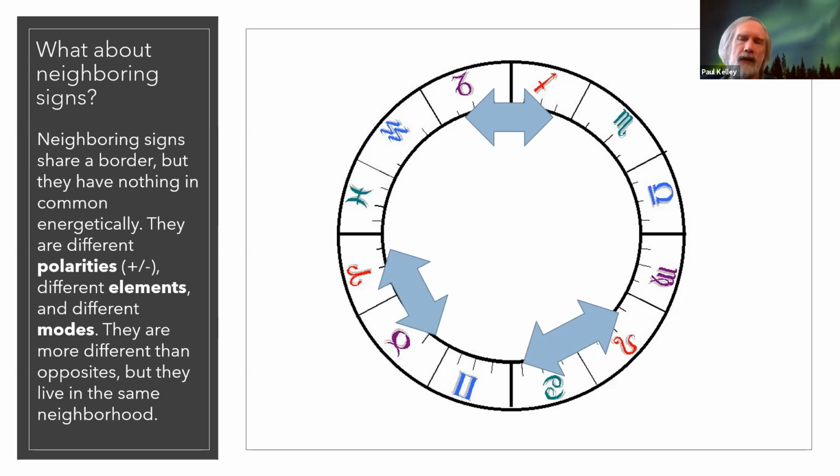Remember when we were going through the cycle of elements and how we talked about how each one is an incremental broadening of focus from the one previous. And then each time we complete a cycle of elements, we step out into a broader arena altogether. So there is that neighborhood that they share, which gives them some similarity, but energetically there's nothing in common. And so they're kind of challenging to work with.